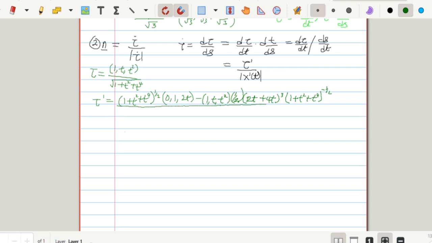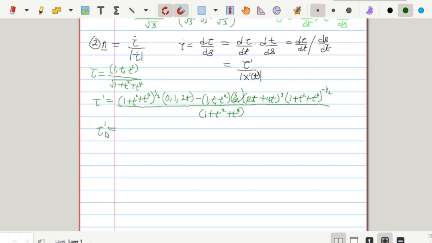And this is all divided by 1 plus t squared plus t raised to the power 4. It is supposed to be squared, but if you square it, this is a square root, so multiplying is going to leave us with this.